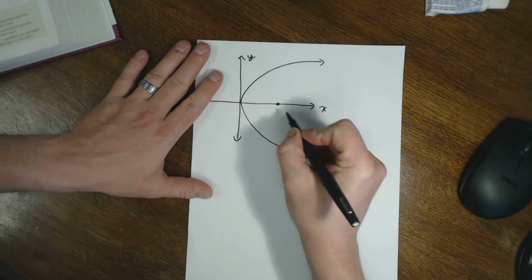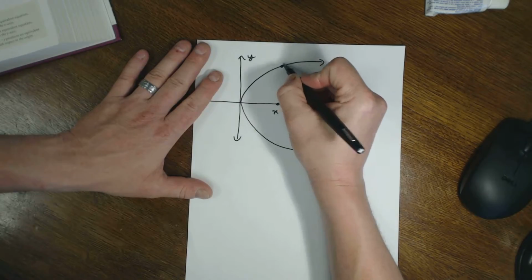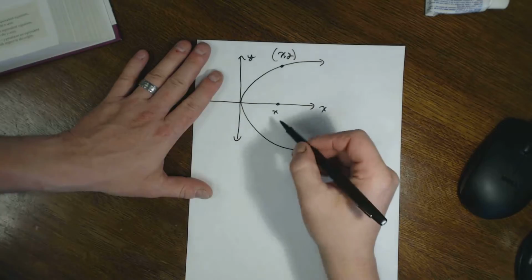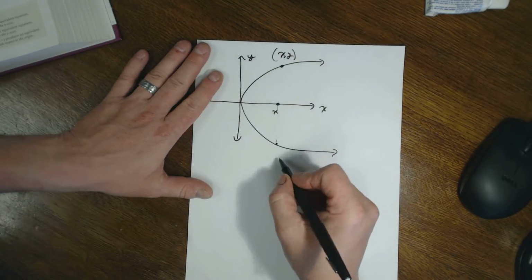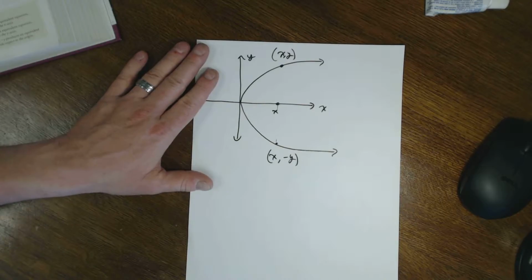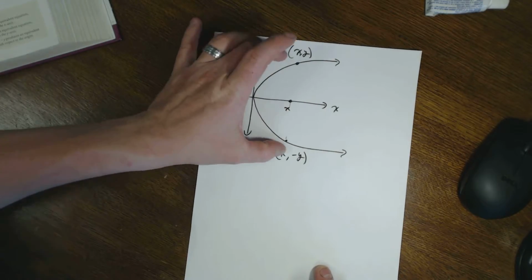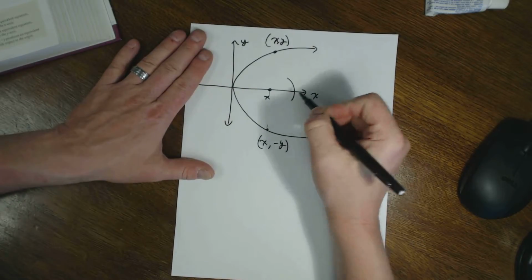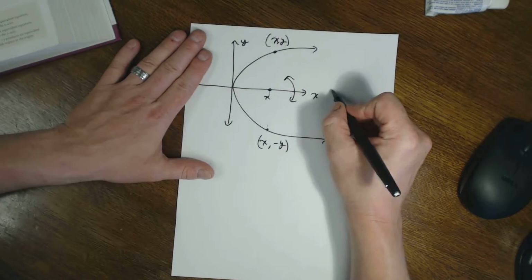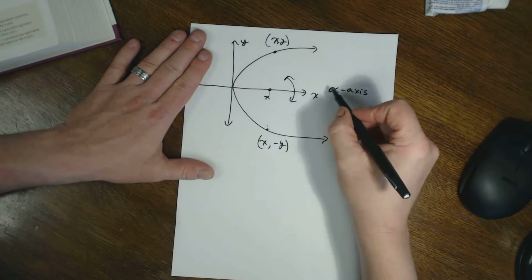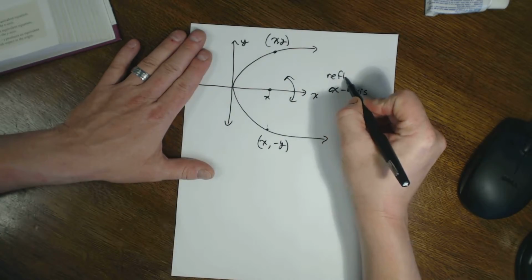If I take any coordinate point, let's call this xy up here, this would have the same x, but the opposite y value. And if this is true for all x's that I have in this figure, then I would say that this has symmetry over the x-axis. In fact, it's a reflection over the x-axis.